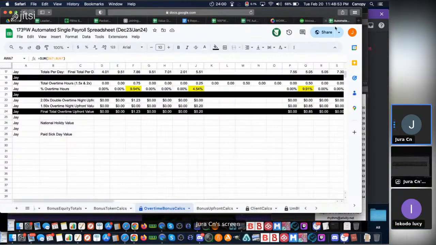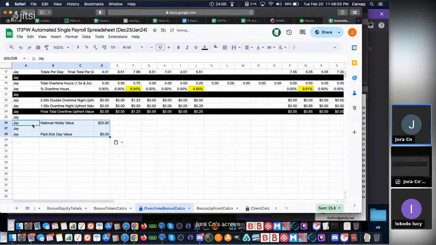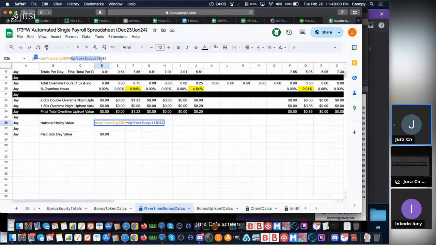Okay, so I come in here, I go to nationals, boom, boom, boom. So this takes the total tracking of overall national holiday hours and multiplies it times the budget, but it does not account for pay stops.